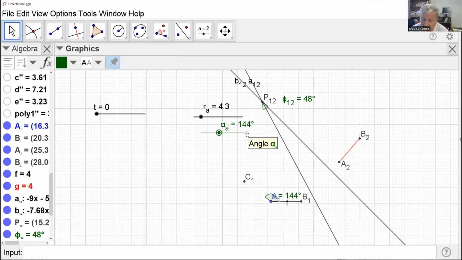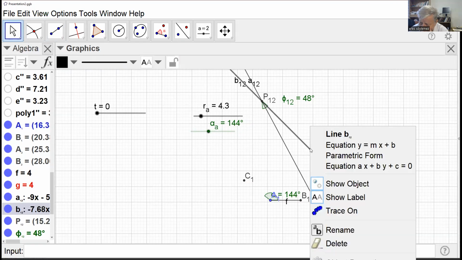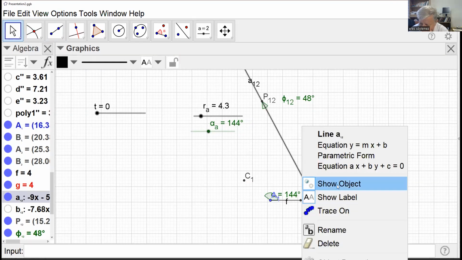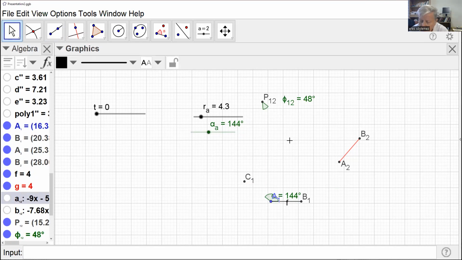Now, I will do the same thing. First, let me do something else. I'll hide this as well to simplify my shape. I will do the same thing to determine C2. Since this is a rigid body, the distance AC is not going to change.